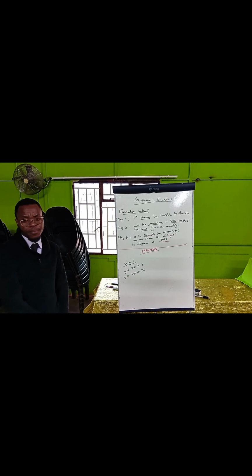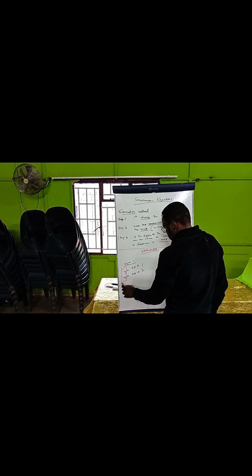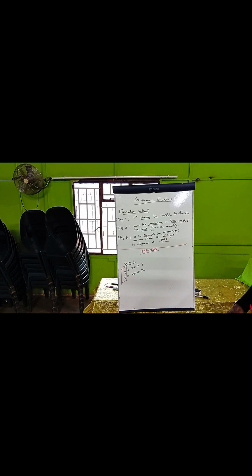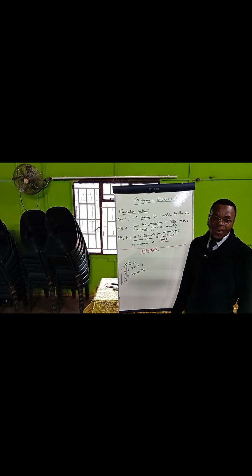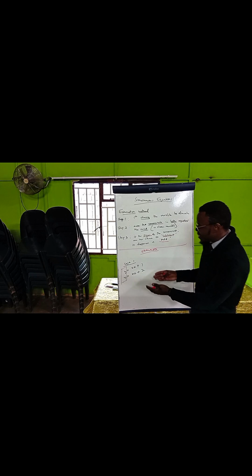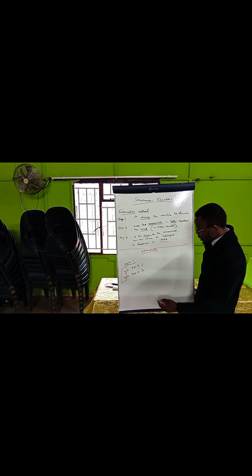X or y? Y. Y, exactly. So y is easy to eliminate. Why? Because already these variables are exactly the same, literally, in the sense that the signs and even the coefficients are the same. So what do we do?